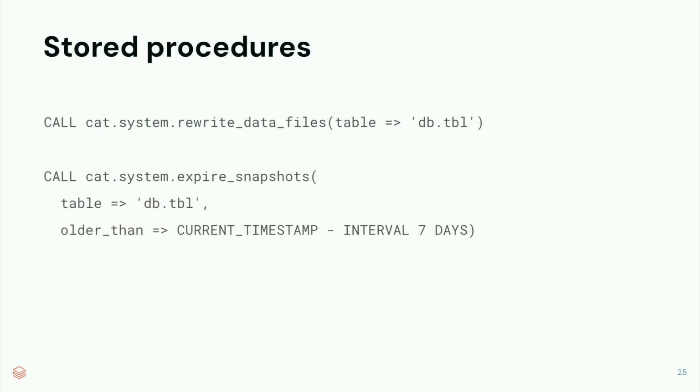Spark 4.0 also comes with built-in support for DSv2 stored procedures. So connectors can now expose predefined routines to Spark, and those can be called through SQL. A lot of connectors use stored procedures for table maintenance. And I believe originally the idea was borrowed from Trino that did it for Hive tables, but today it's been done for Hudi, for Iceberg.